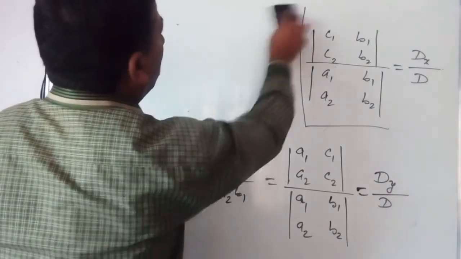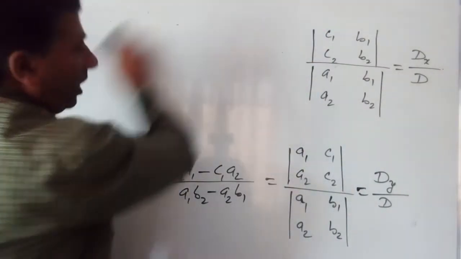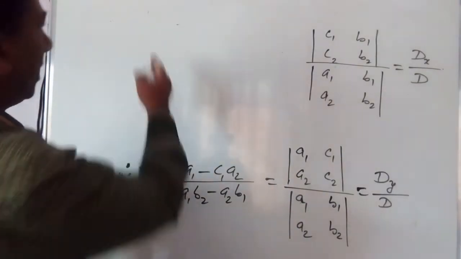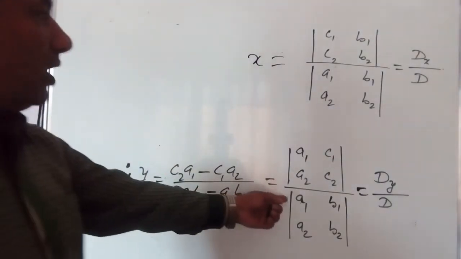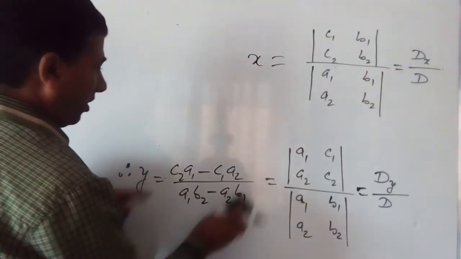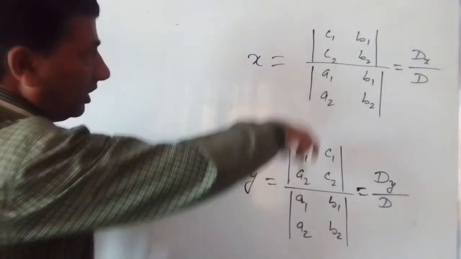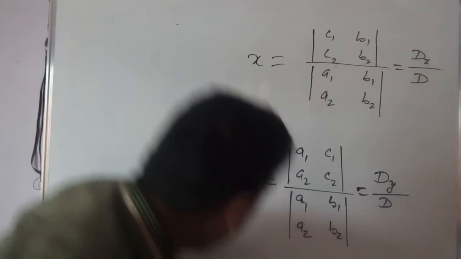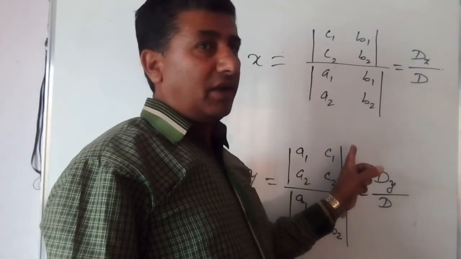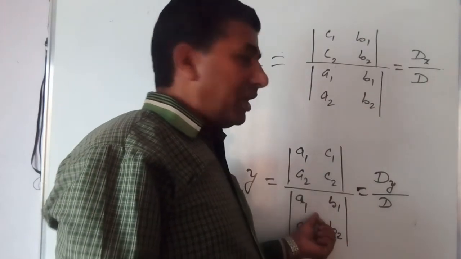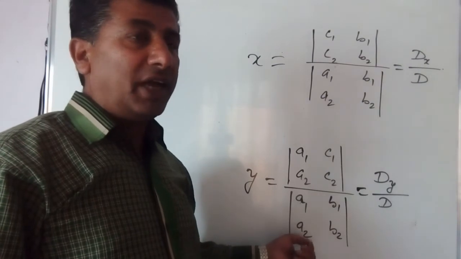Now we found both x and y in the form of determinants. This one is x, this one is y. Using this determinant form, the given equations can be changed into determinants. Three determinants are there. One is determinant D, obtained from the coefficients of the variables x and y.